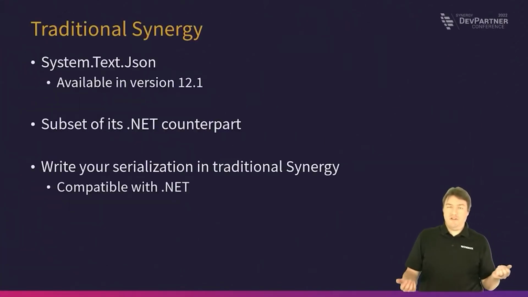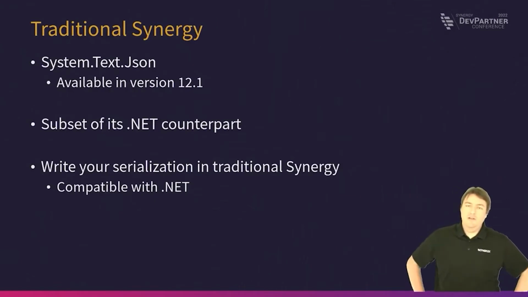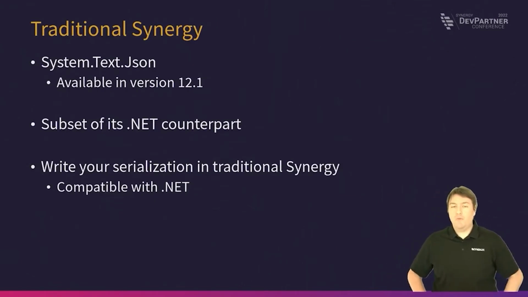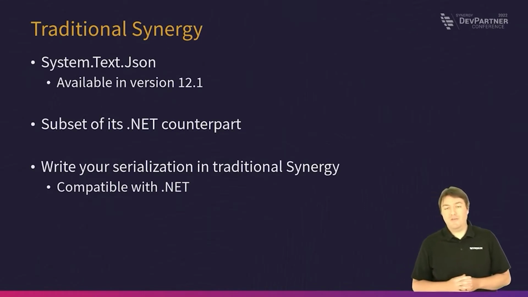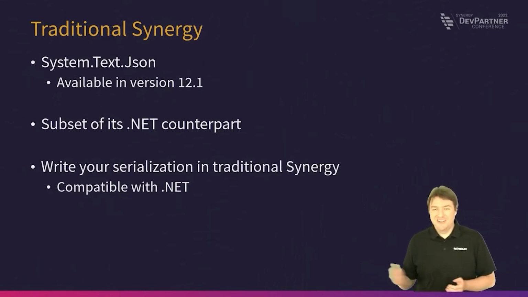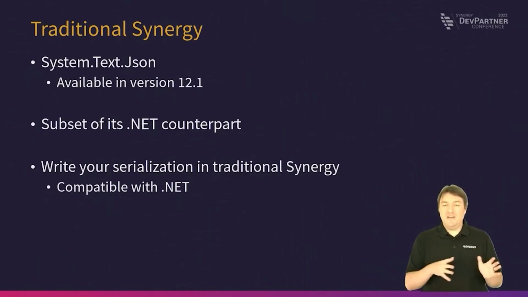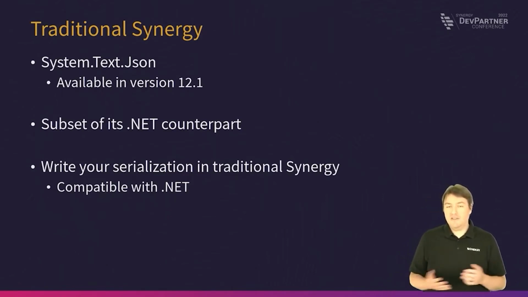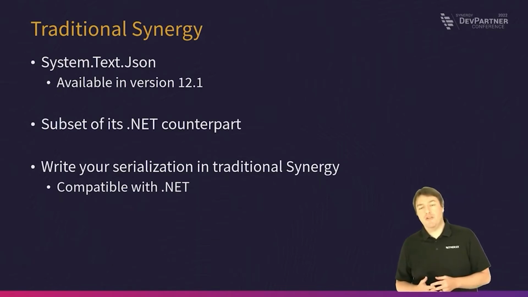But what about traditional Synergy? Well, we have JSON support there too. Starting in version 12.1, we introduced our own version of System Text JSON that's native to Synergy. It's still a subset of its .NET counterpart, but it is full-featured enough to let you serialize and deserialize complex objects without issue.